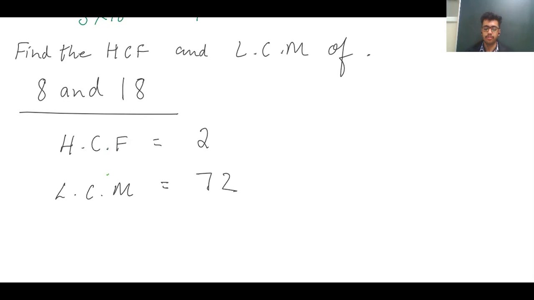So instead of finding out the LCM in that normal way, if you know that the HCF is 2, you can apply the formula, because you know that 8 multiplied by 18 is equal to HCF into LCM.